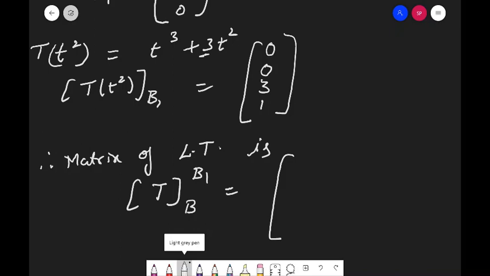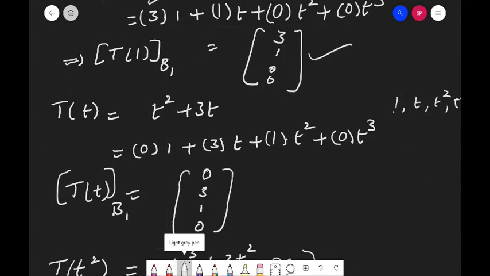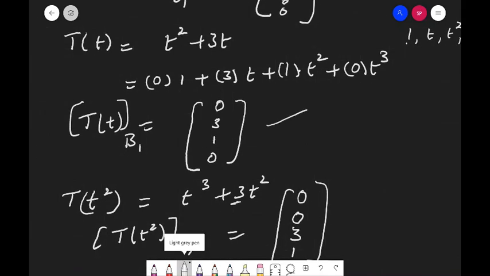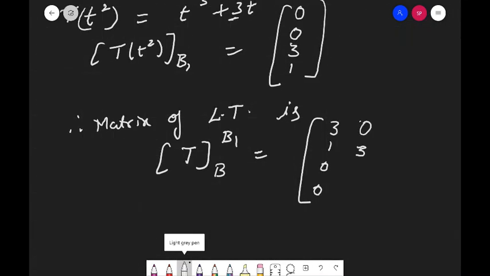What is the first column? The coordinate vector of T of Z1 is 3, 1, 0, 0. And the second column is 0, 3, 1, 0. And the third column is 0, 0, 3, 1.